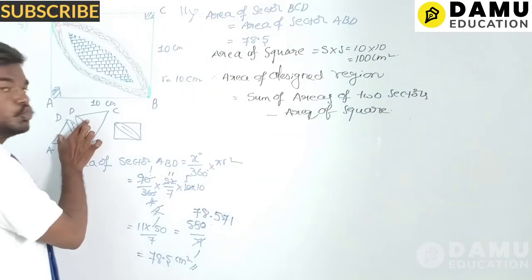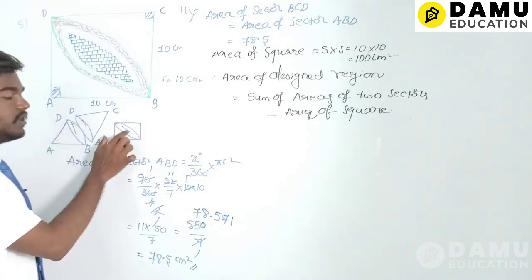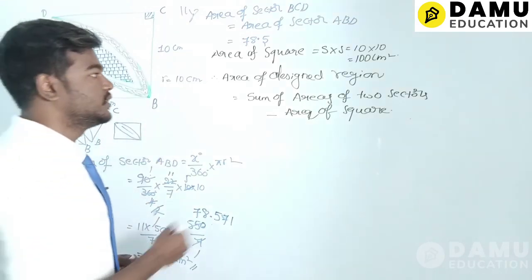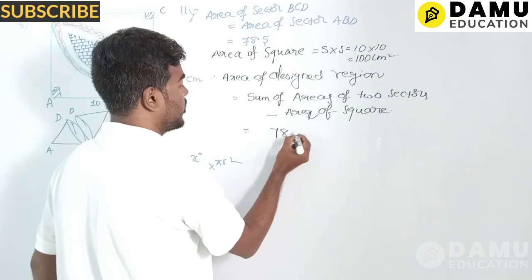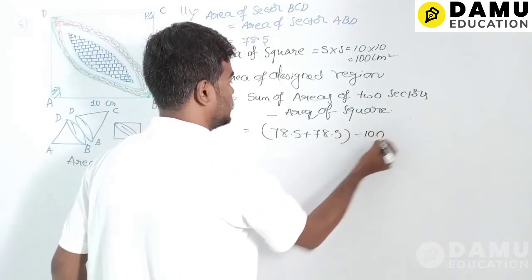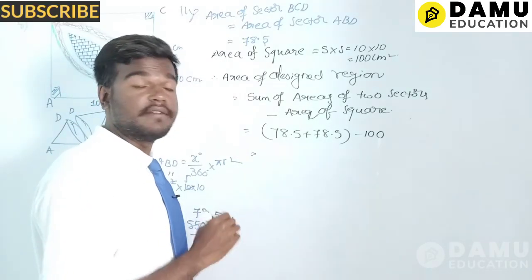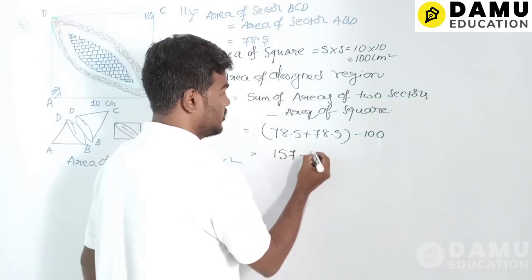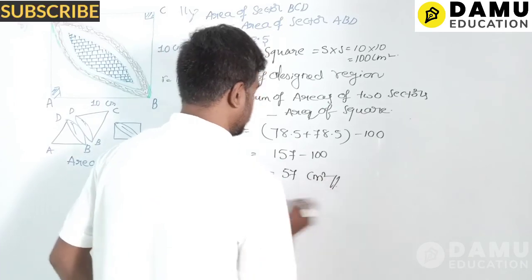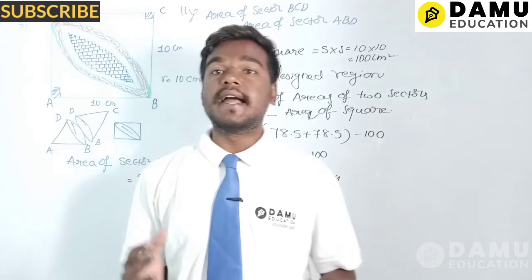If you take these two jointly, one portion will be included in the square and another will be extra. So that is 78.5 plus 78.5 minus 100. That is 157 minus 100, we will get 57 centimeter square. So the designed region area is 57 centimeter square.